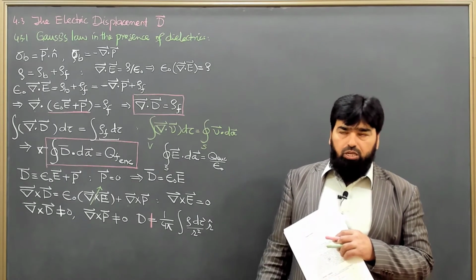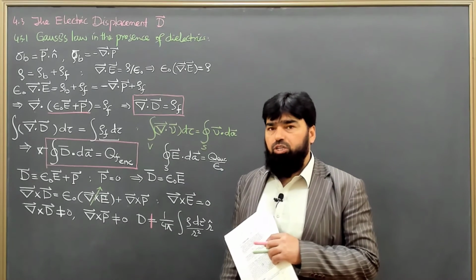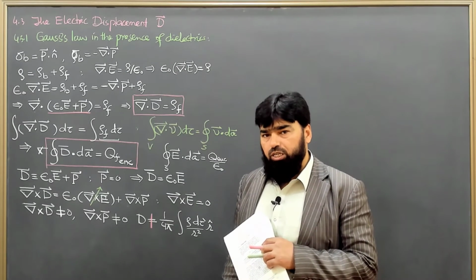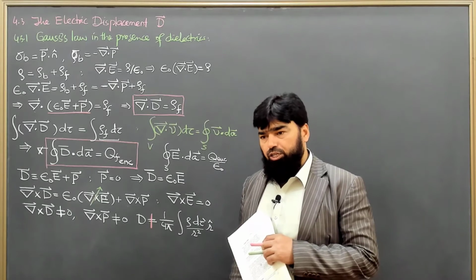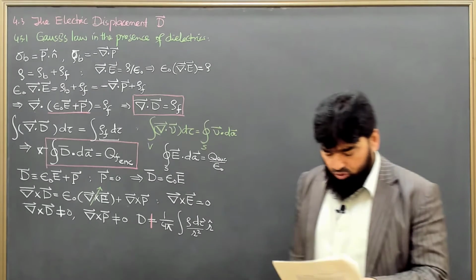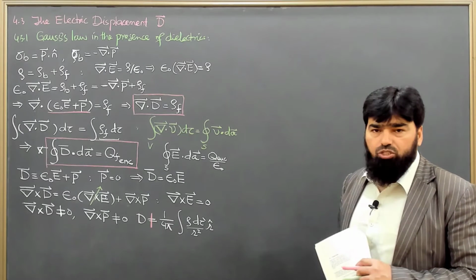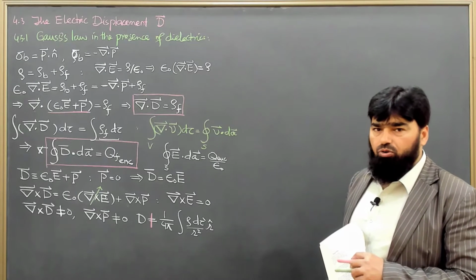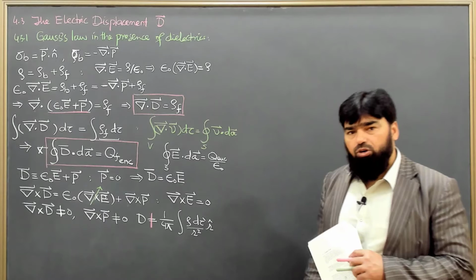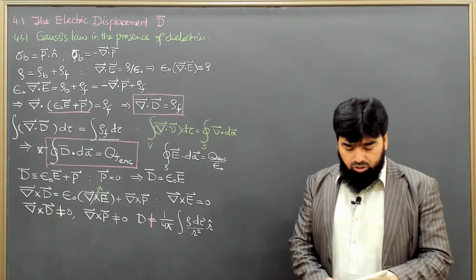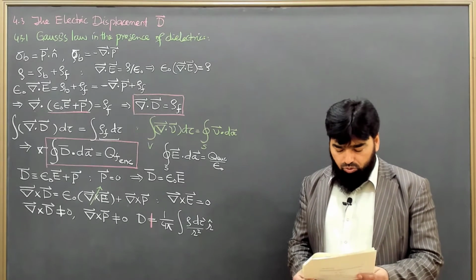So we will try to do those boundary conditions in chapter 9. The boundary conditions are also different for D and for E, so it is not to be confused with D being just a scaled-up E.